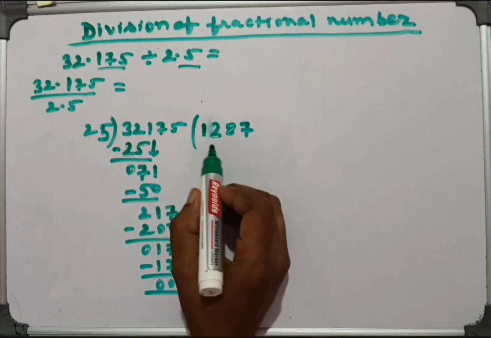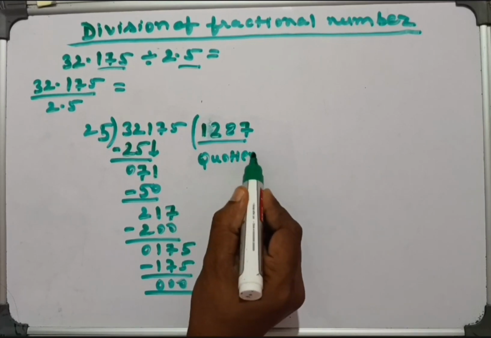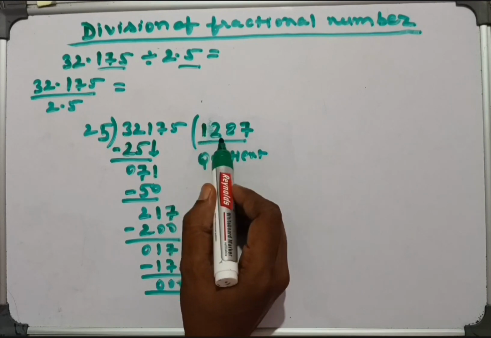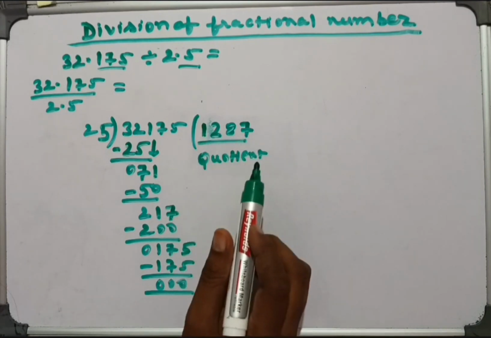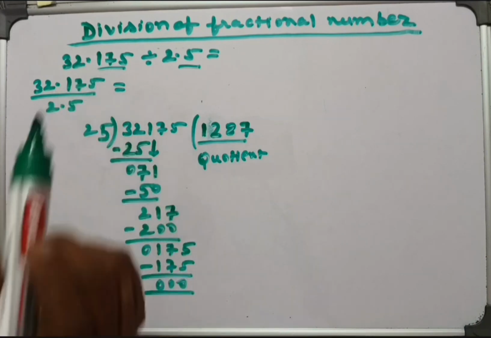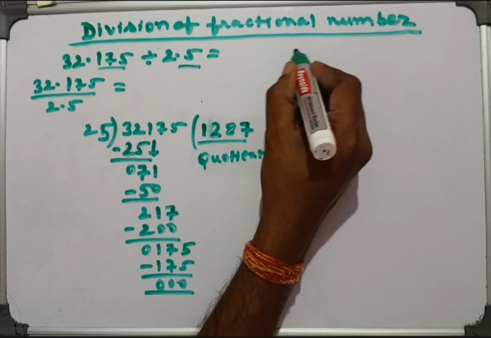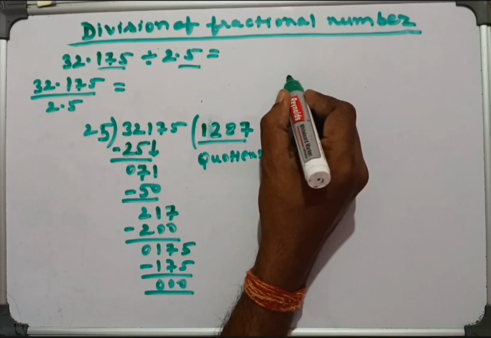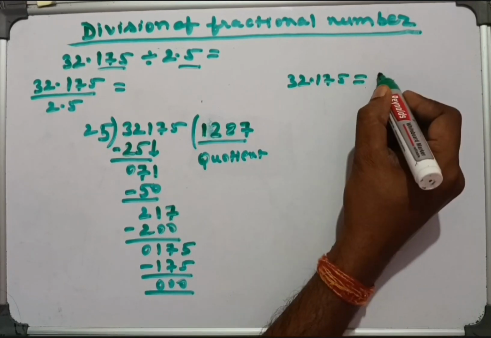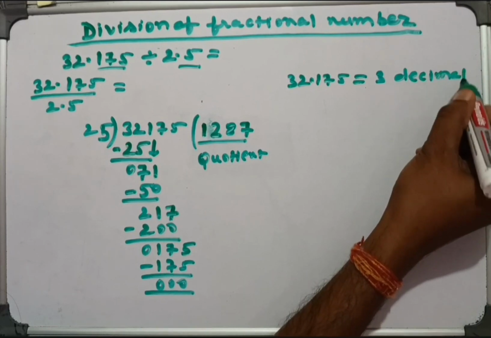See guys, our quotient is equal to 1287. Till now I have not used the decimal places. In the numerator, 32.175 has 3 decimal places.